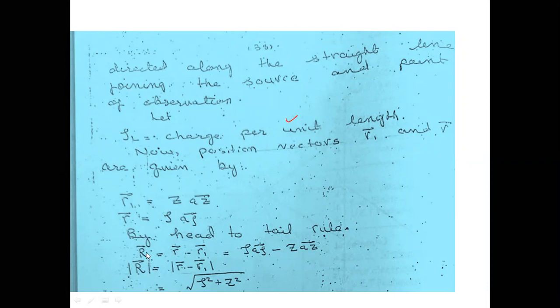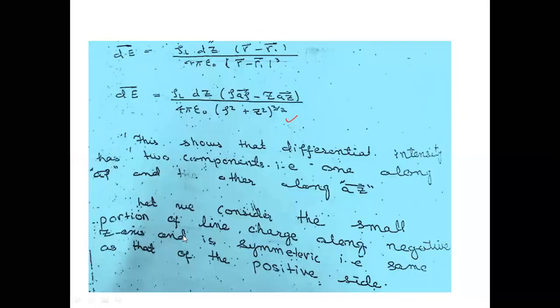So this is the value for R, and for the absolute of R we have the square root of rho square plus z square. So replace this R and absolute R in this formula, and this is the same formula we have already derived in the line charges.